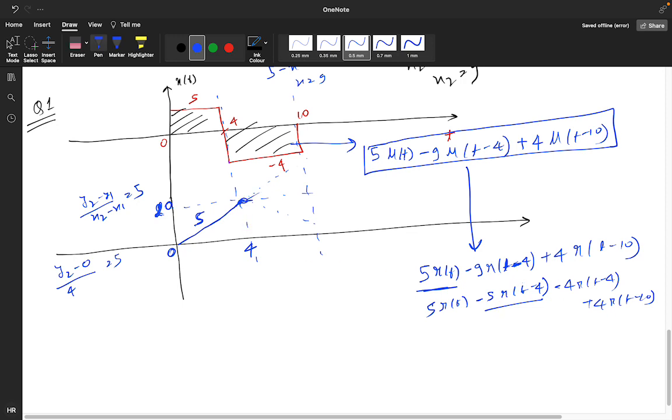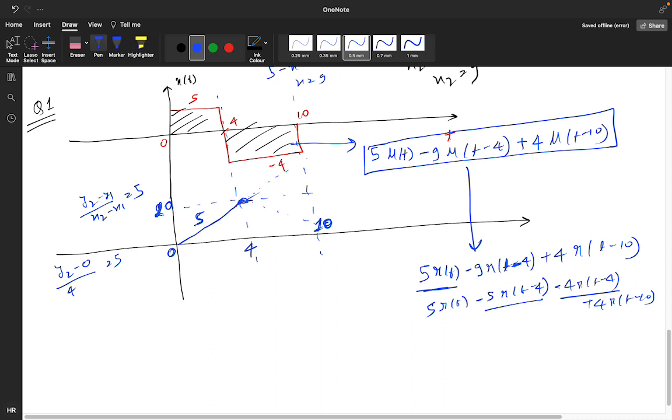Again, after cancelling it, we have a negative slope of minus 4. So this minus 4 r of t minus 4 is going up to the 10th value. Right? So this slope is going up to the 10th value. So we need to find the equation.